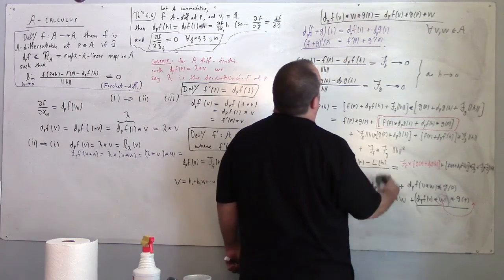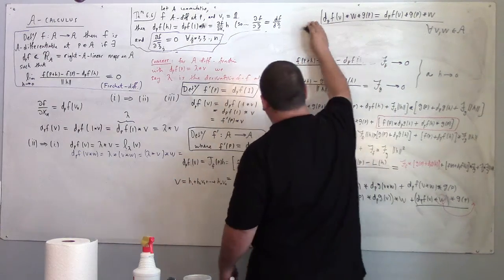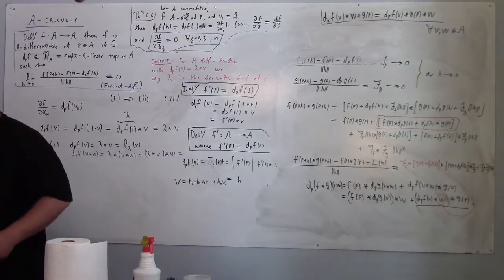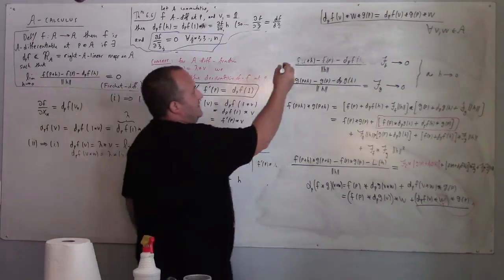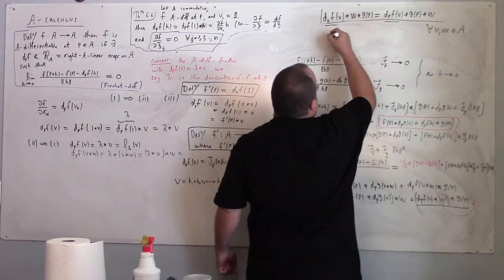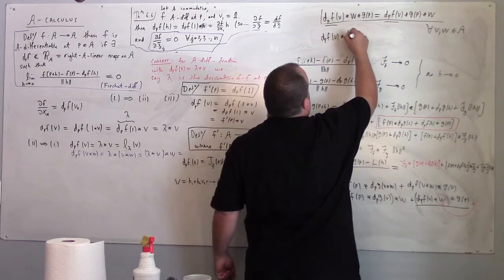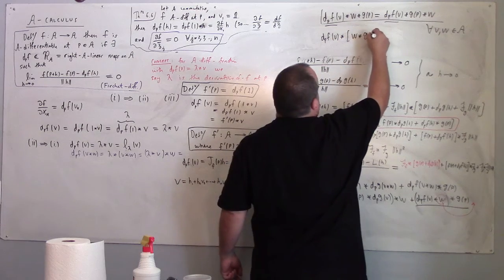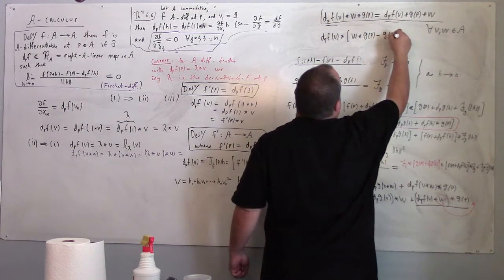So there's that. And what do I say on that equation there? Equation 55? Well, equation 55 is just that, right? And I recast it by factoring out the d_pf of v. We can see that we have it here and here, so we can just rewrite that as d_pf v times w times g of p minus g of p times w, right?